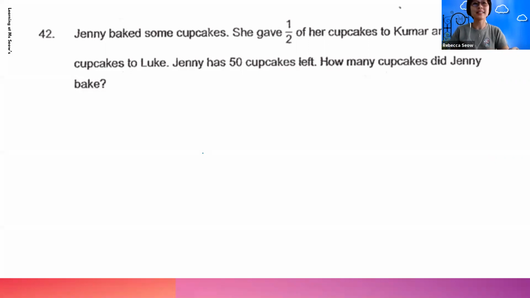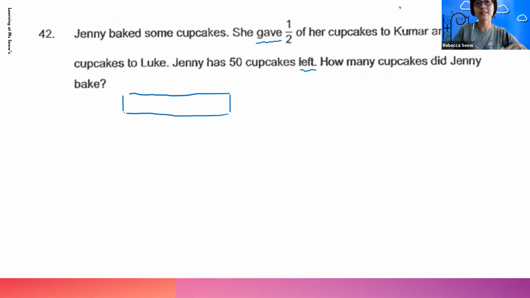Okay, let's take a look at the question here. Jenny baked some cupcakes. She gave half of her cupcakes to Puma and 1/3 of her cupcakes to Luke. Jenny had 50 cupcakes left. How many cupcakes did Jenny bake? So she gave to Puma, gave to Luke, and then after that she had a certain number left. If we were to represent this in a simplified model, this is the total number of cupcakes that she has.